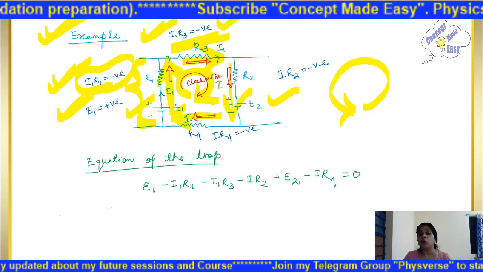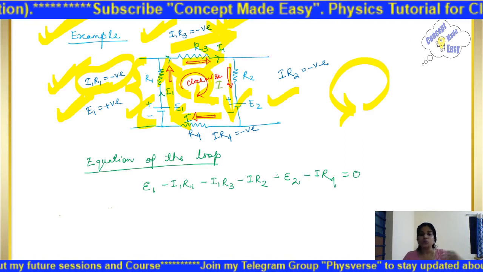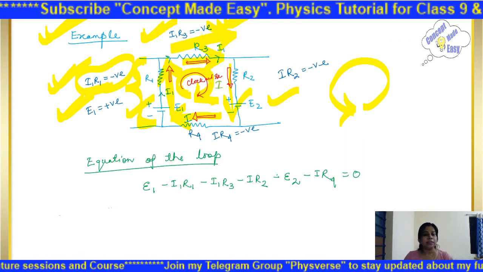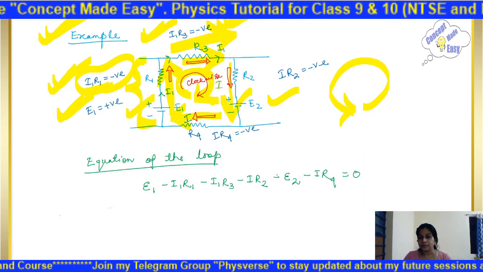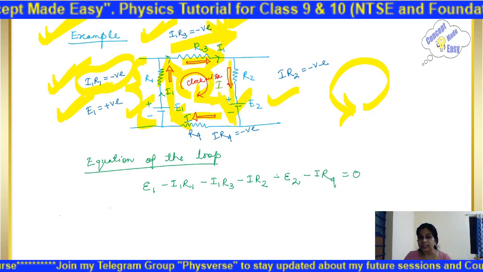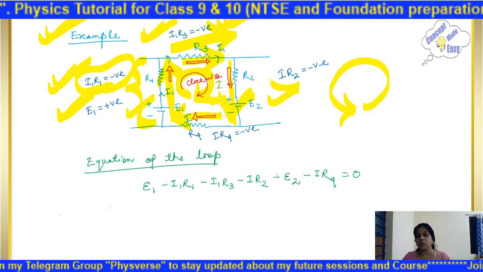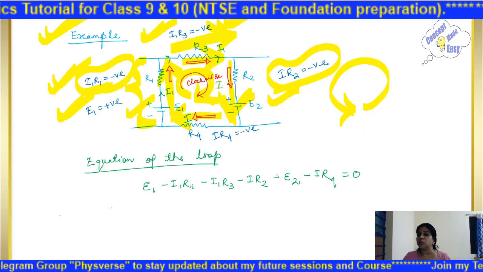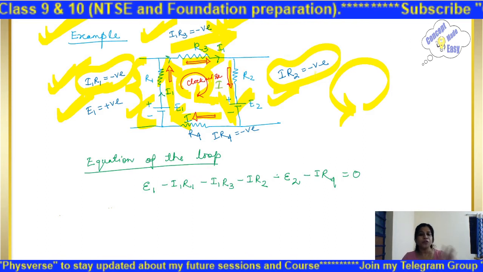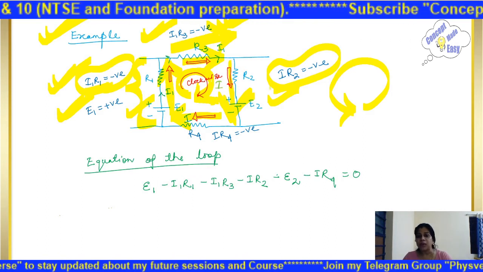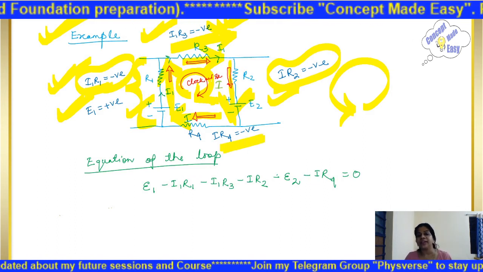This is also negative because the current is moving in this direction as well as your motion. Similarly, suppose current I is flowing in this direction and your direction of motion is also in this direction. The voltage drop here is IR2, which is also negative because the current and the direction of motion are in the same direction. IR4 is also negative, applying the same rule.